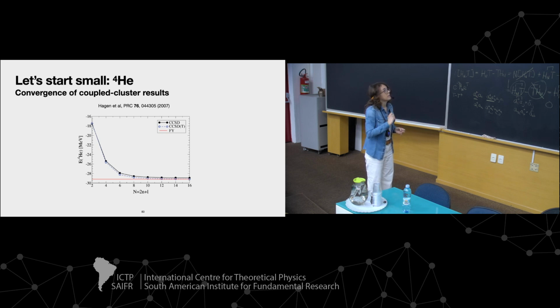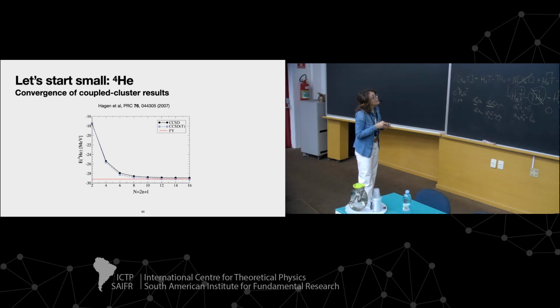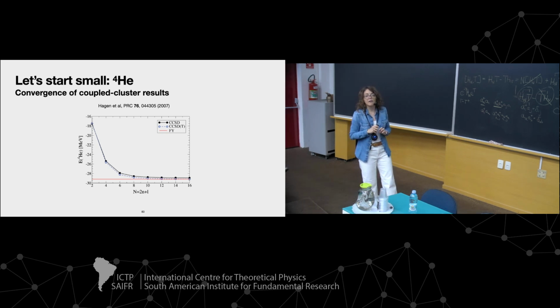It's called perturbative triples. It's not important exactly what it is. The only important thing is we are adding some triples contribution to our result. And then we compare it with exact results from Faddeev-Yakubovsky for a certain interaction.